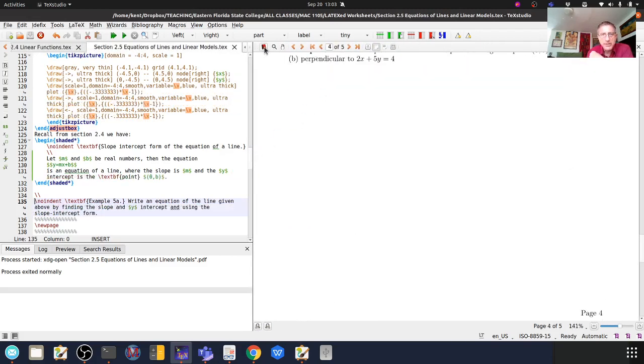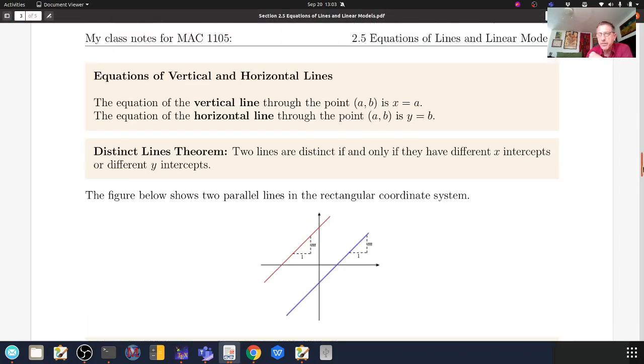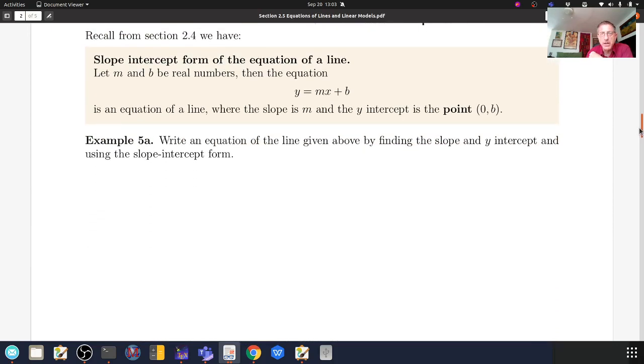Sorry about this. I guess now that this is up, I should tell you I made a few changes to it. They're just minimal, but you might want to reload it. If you loaded up the notes before today, which is September 20th, you might want to reload it.